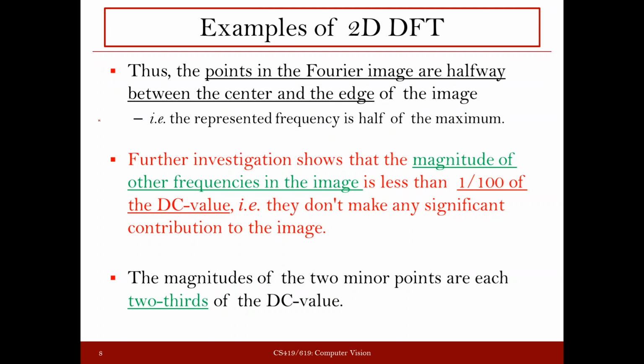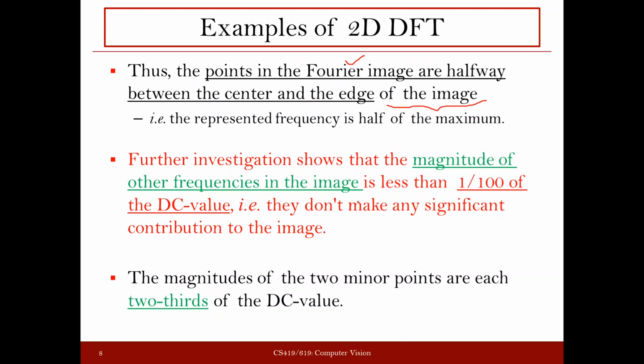With respect to this example, we just discussed that the points in the Fourier image are halfway between the center and the edge of the image. Why is the point halfway? Because the frequency that you are going to get there is just half of the maximum frequency. So that is why it comes at the middle of that line.